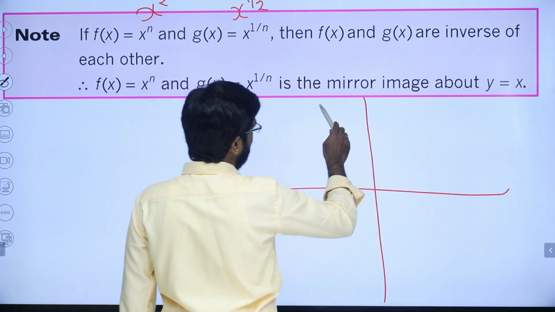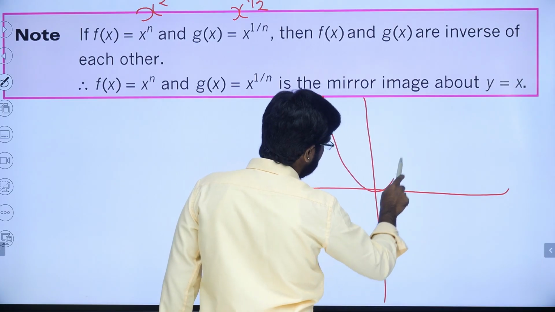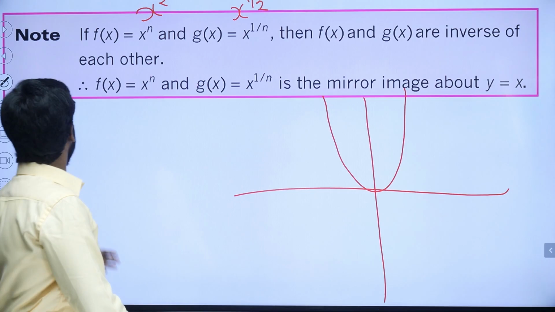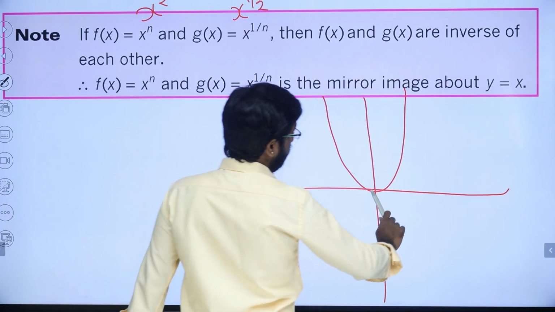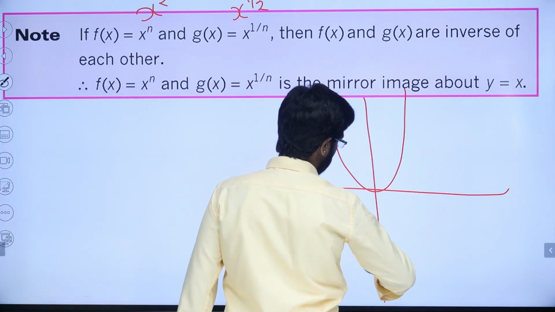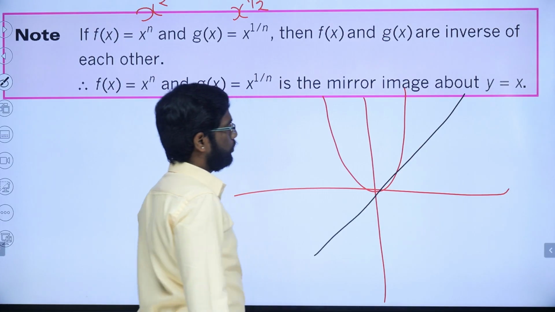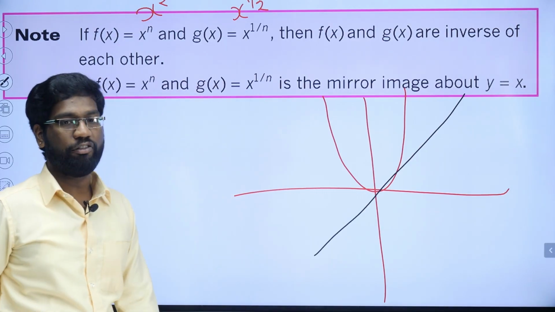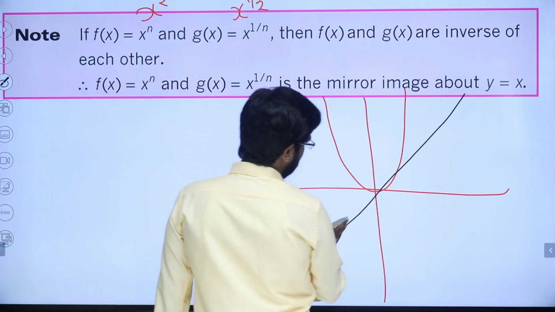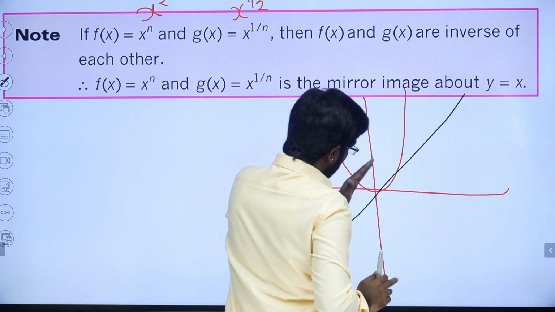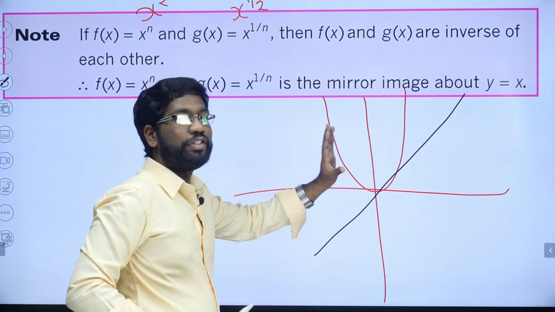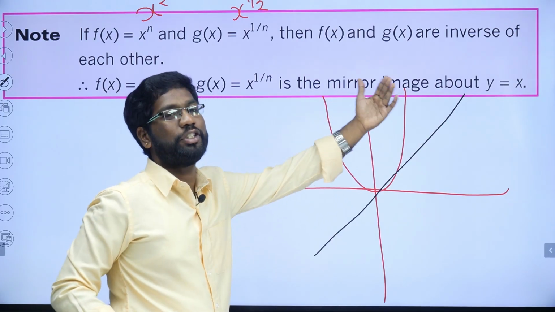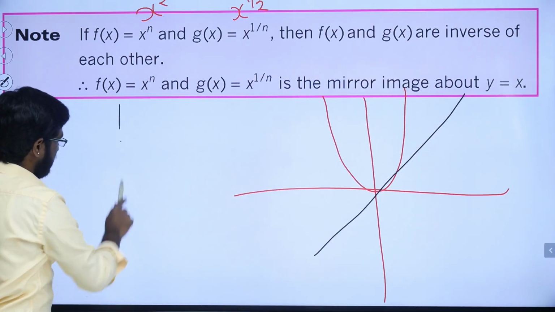So the x square graph, my dear students, goes like this. Then you always have to draw the y equals x graph. Once you have drawn this, about this y equals x line, the graphs are inverse to each other.